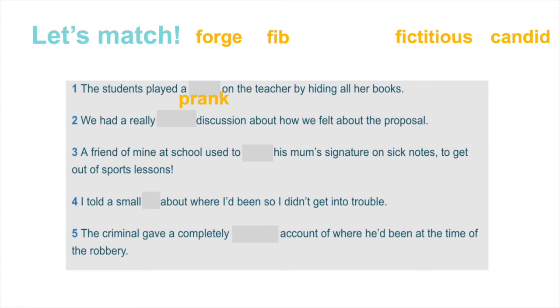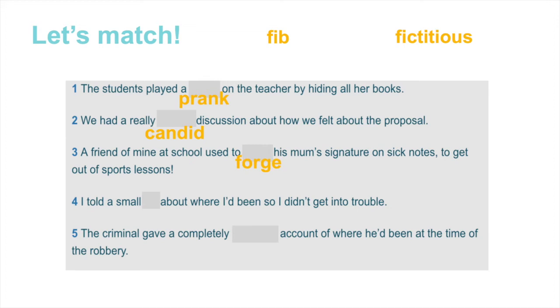We had a really candid discussion about how we felt about the proposal. Yes, it's candid, a candid discussion. Let's see 3. A friend of mine at school used to forge his mum's signature on sick notes to get out of sports lessons. Have you ever done this? Yeah, it's to forge a signature. 4.